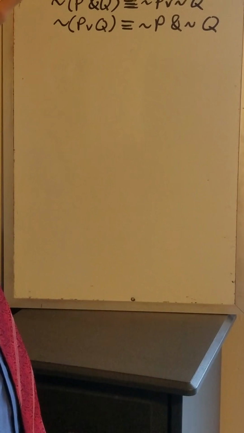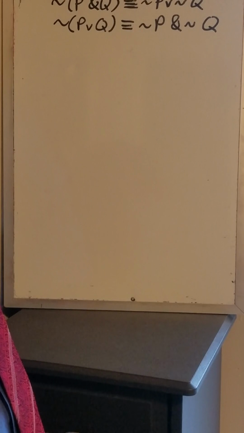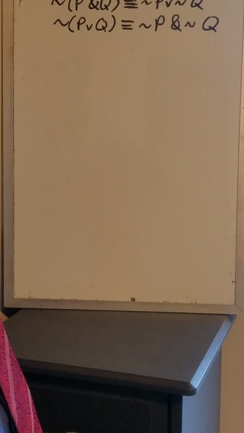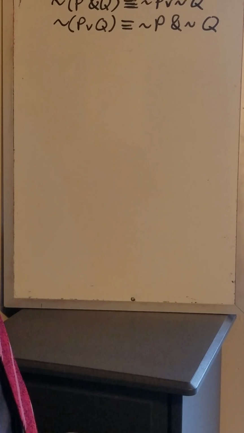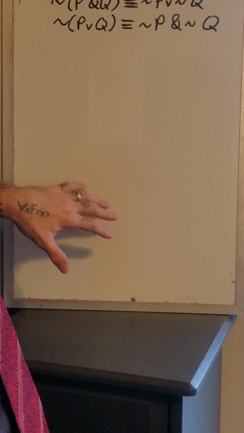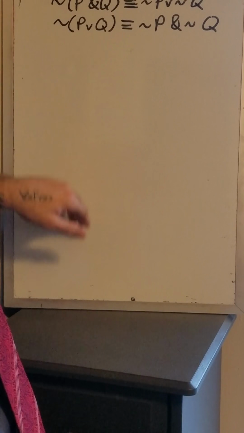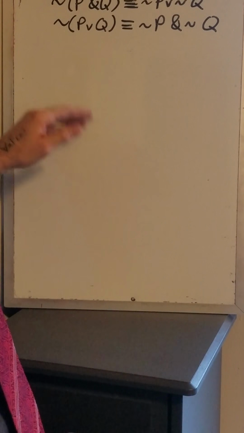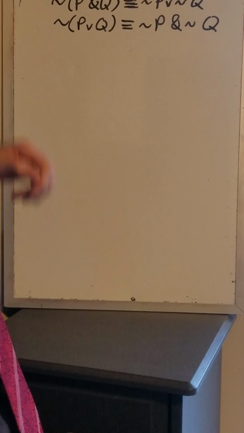Now, even though these are very common equivalencies, they are complicated to prove, and that's why there's this special rule in SD+, because you would spend a significant amount of your time doing proofs just proving De Morgan's law otherwise. All right, so because these are long, we'll start with this one. I'm just going to write the left to right derivation, then I'm going to erase it, and then we'll do the right to left derivation.